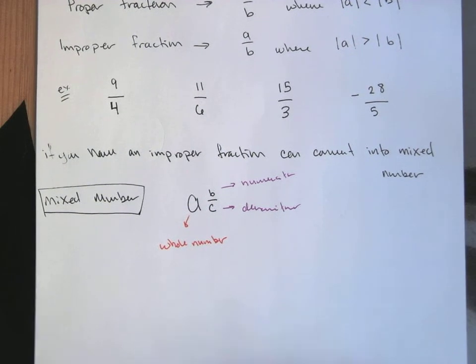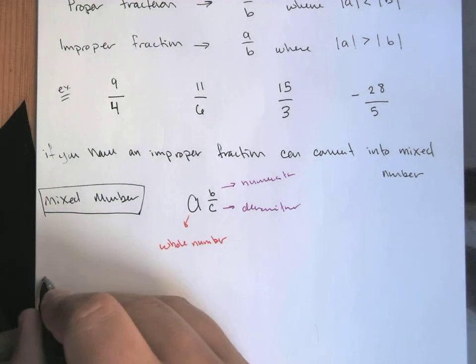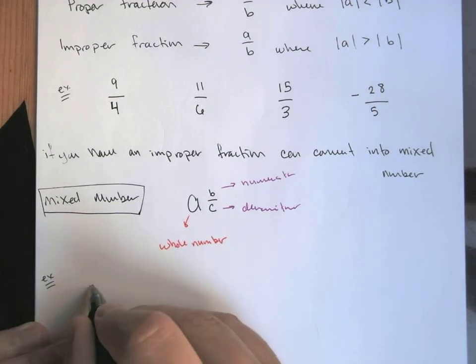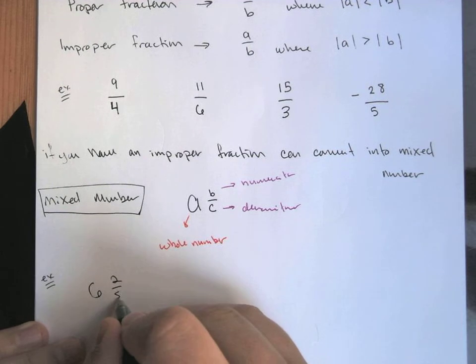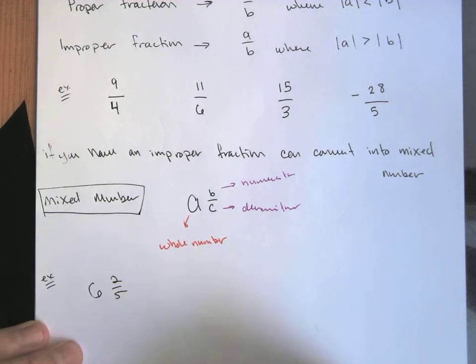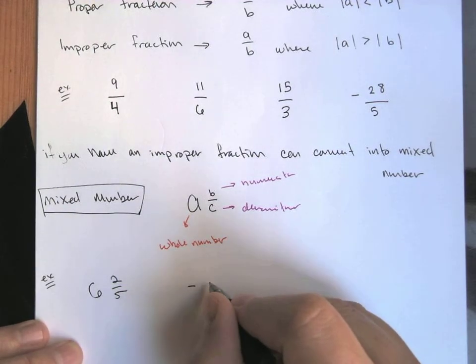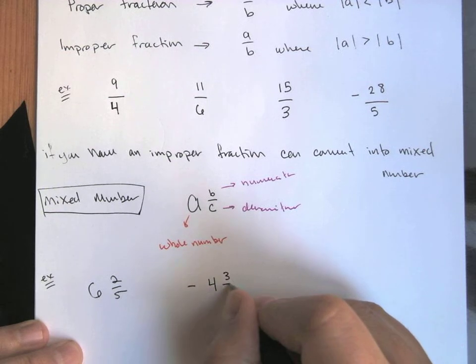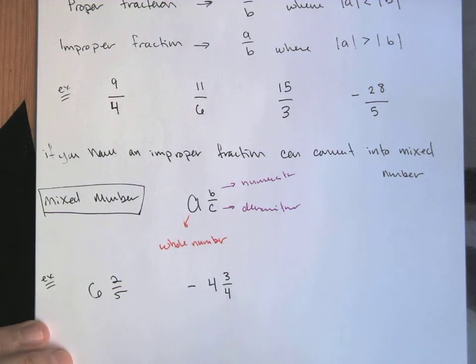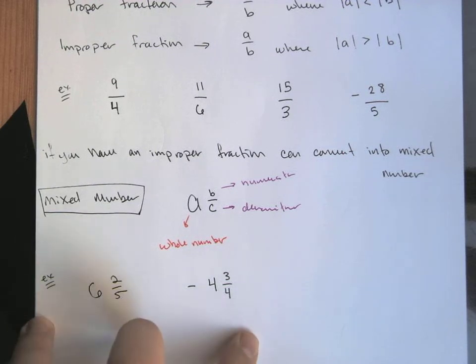So you have something like 6 and 2/5, or something like negative 4 and 3/4. So it's a whole value and then an extra fraction portion.